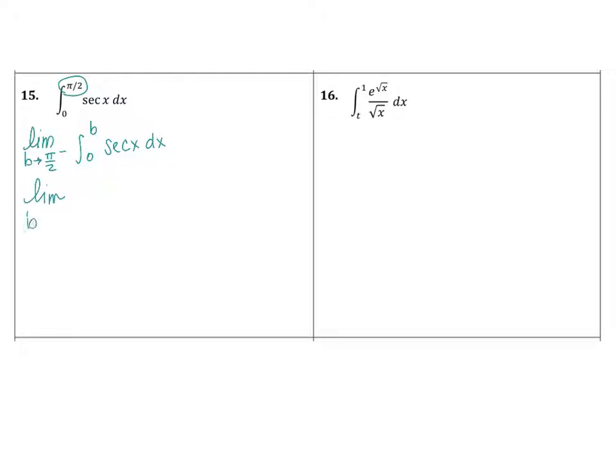We have the limit as b approaches pi over 2 from the left, and if we integrate secant, we're going to get natural log, absolute value, of secant x plus tangent x, and that's going to be evaluated from 0 to b.